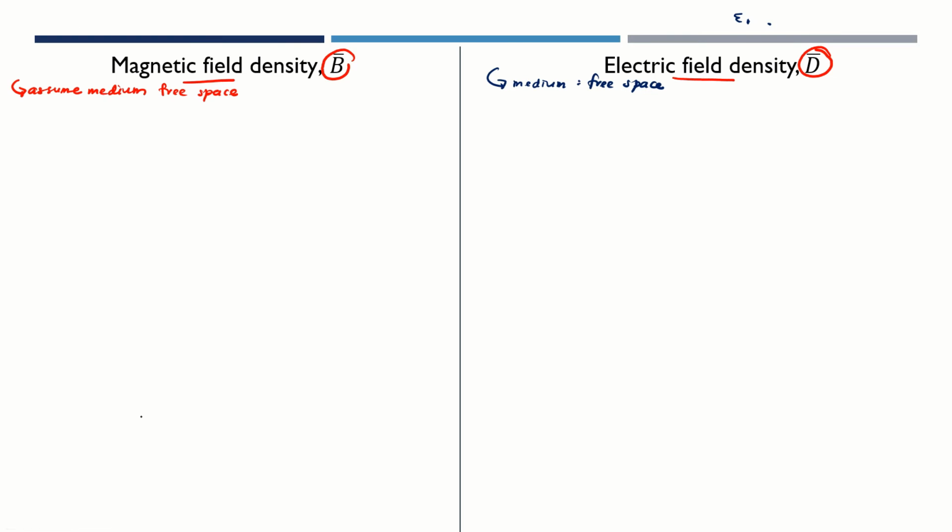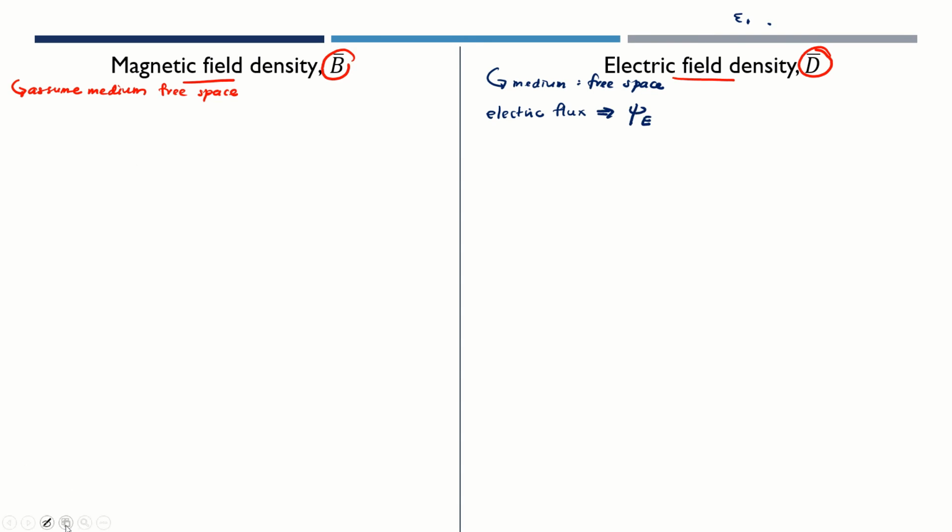First of all, for electric field density, if we discuss electric flux, now we are comparing all the formulas. For the electric flux, it is represented by psi.